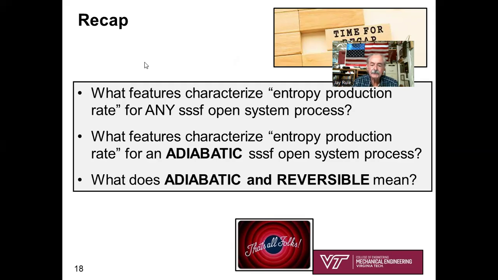So what features characterize entropy production rate for an adiabatic steady state, steady flow system process? If it's adiabatic, you don't have to worry about the heat transfer term, do you? Nice. What if you have an adiabatic and reversible process? What would the entropy production rate be there? We just showed it would be 0. So that's like a trick question.